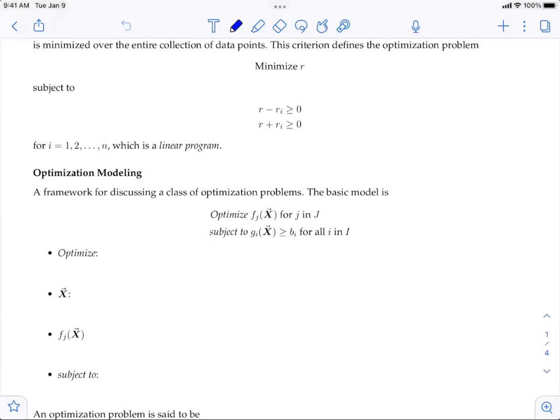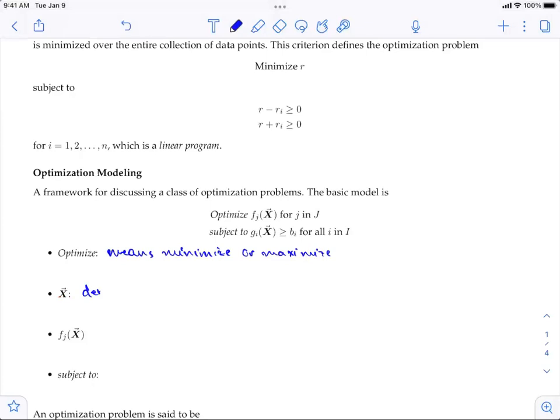All right, so let me clarify some wording in this particular framework. The word optimize means you want to minimize or maximize. The notation x with the arrow on top is called a vector, so that means there are multiple components in this particular variable.